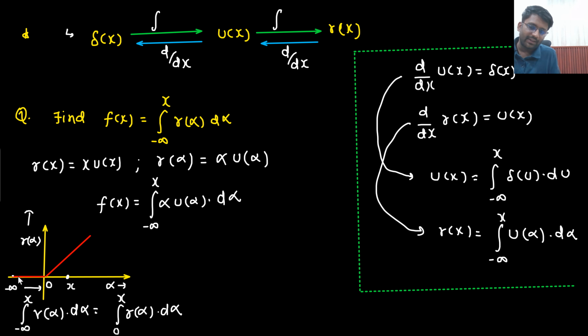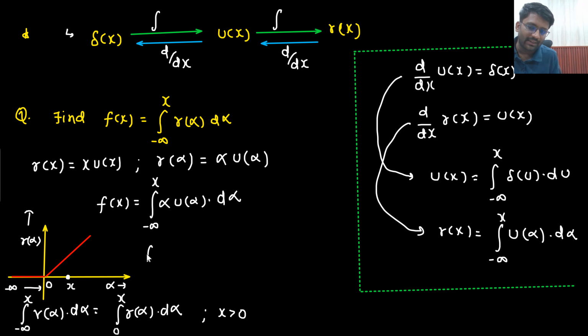Because sir, the integration between minus infinity to 0, that will be 0 only, because there is no area here. The area is 0 only. So sir, if you integrate from minus infinity to x or you integrate from 0 to x, both will give you the same result. But the condition is that x has to be greater than 0. You assumed x here, no. X could be here as well. So here you will say that both are equal, but if x is greater than 0.